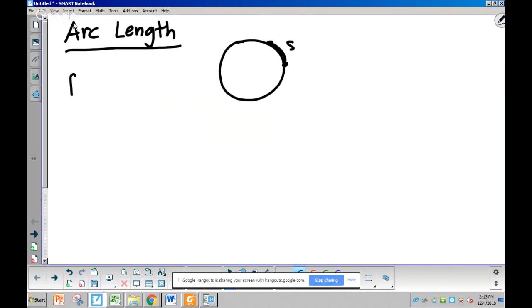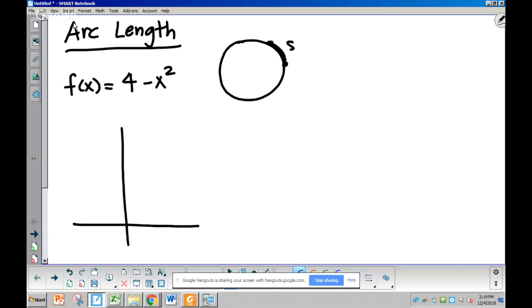So I'm going to suggest that we have a function f of x equals the square root of 4 minus x squared. I'm sorry, no, we're going to make it simpler than that. Let's not take the square root of it. Let's just make it 4 minus x squared to make our derivatives less onerous. Okay, and I'm going to graph that.